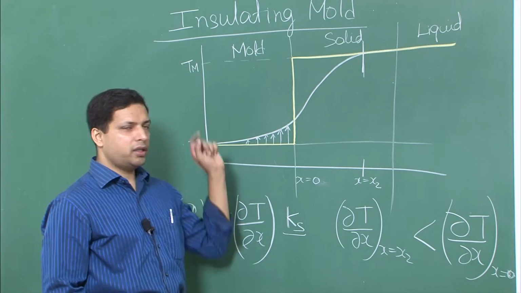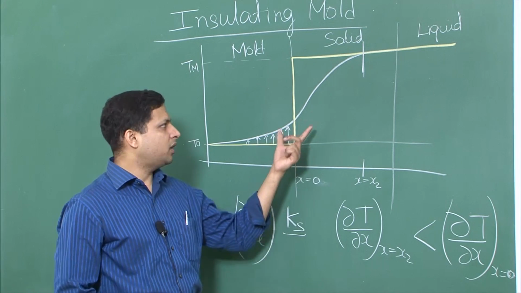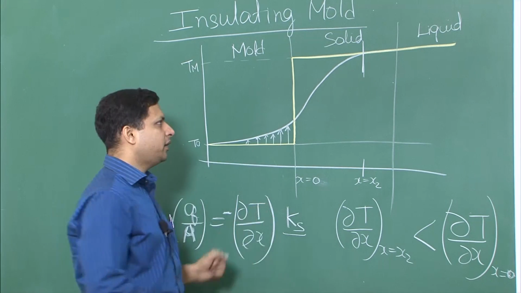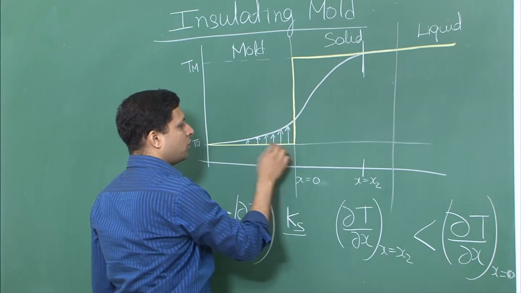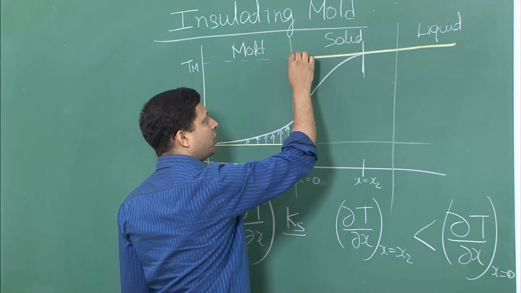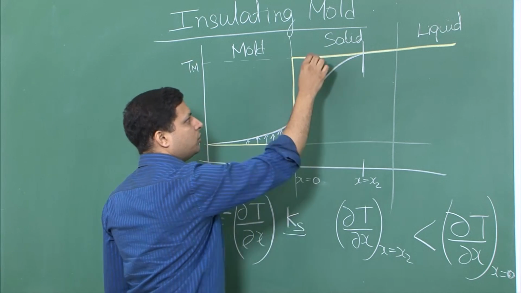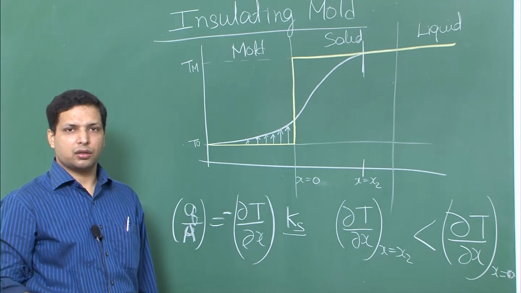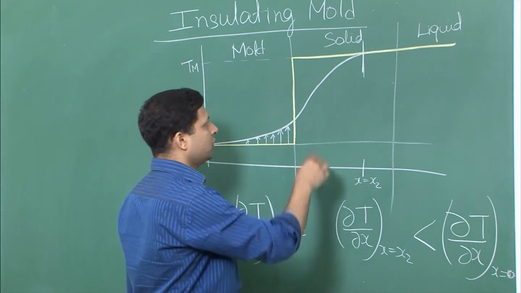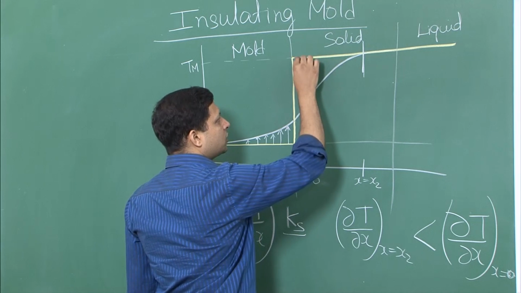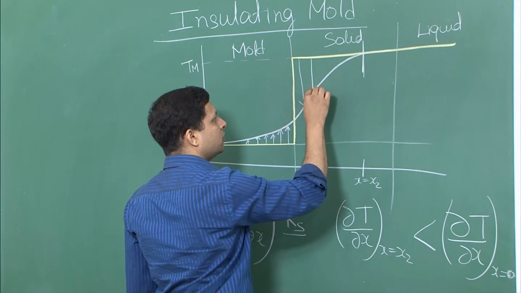Here we said that the mold is heating up, so can we say anything similar about this part? And yes, we can actually say something similar about this part. You remember this was your original temperature profile, meaning the solid was all the way up to T_m temperature, just a little bit less than T_m after solidification. So what is happening is that the solid is cooling down a little bit.